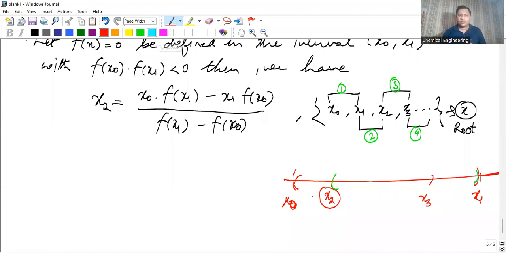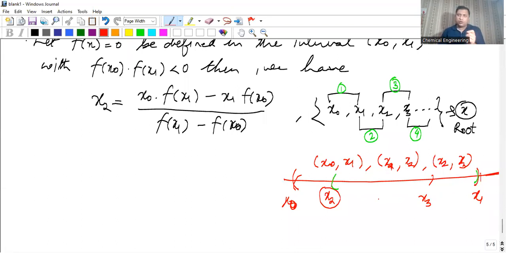So in the next iteration, the first interval was x0, x1. The next interval is x1 and x2. The next interval will be x2 and x3, and so on. All of these intervals will be nested intervals.